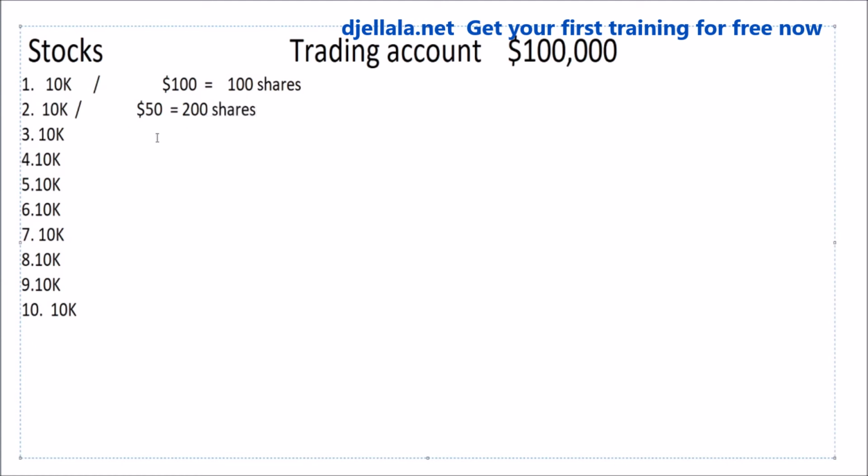Now, suppose that, as an example, you want to buy penny stocks. Understand that your account is big. If you put penny stocks at $10,000 for each, your account will be so volatile.